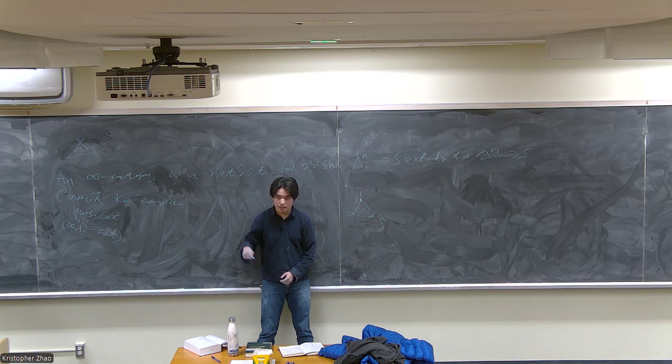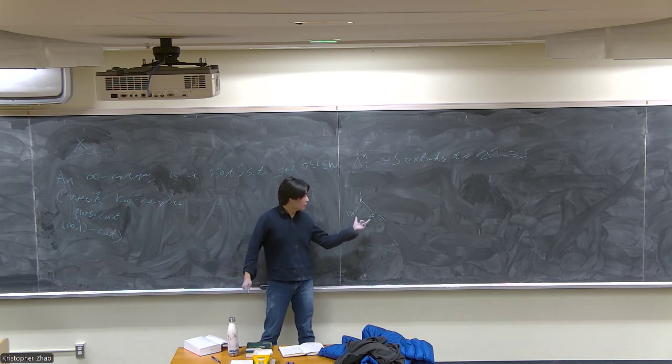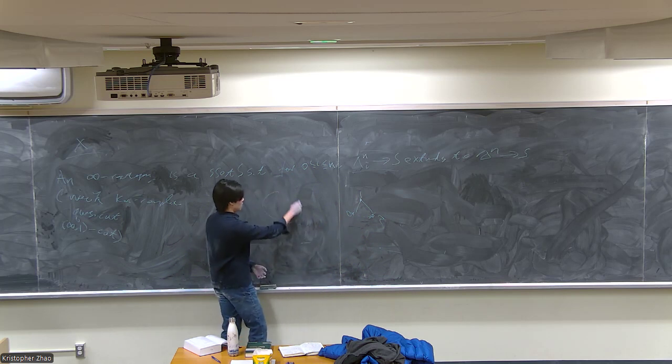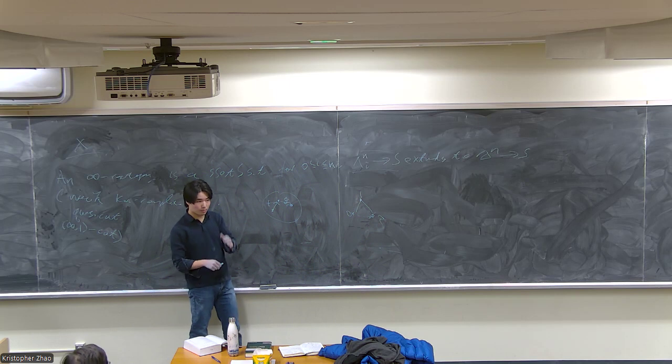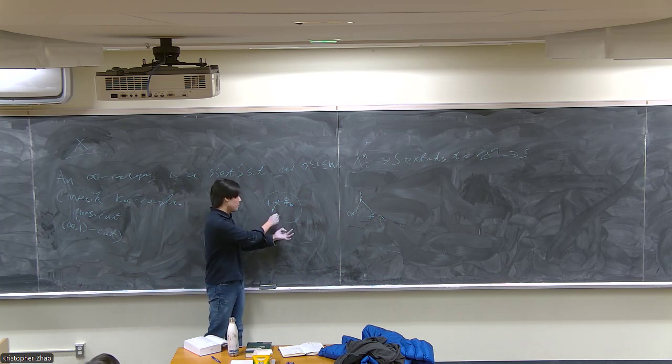And in the case of an infinity category, the horn filler gives not a unique composition, but one up to homotopy. In the case of the fundamental groupoid, say you have 2 points and 2 paths, f and g.